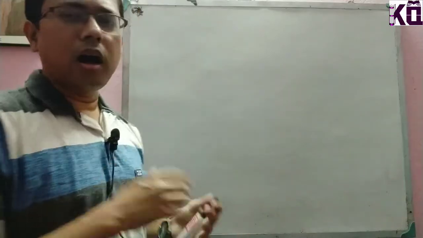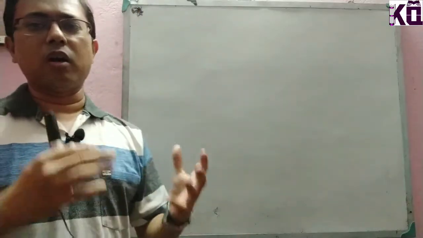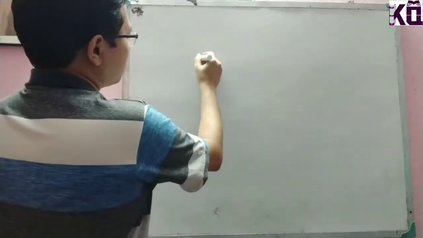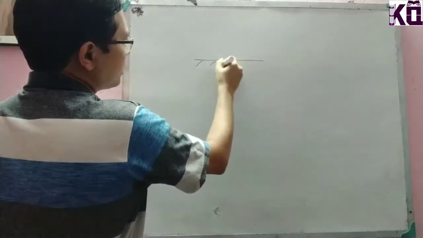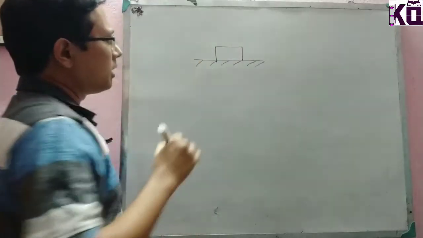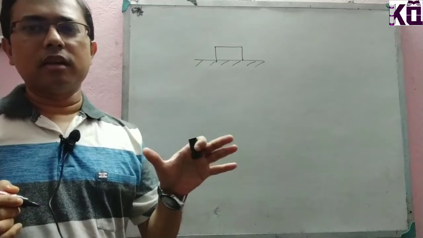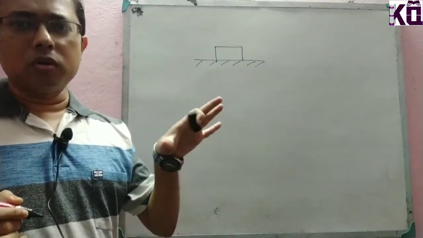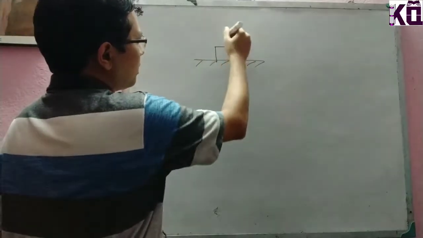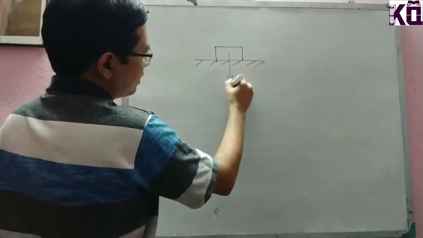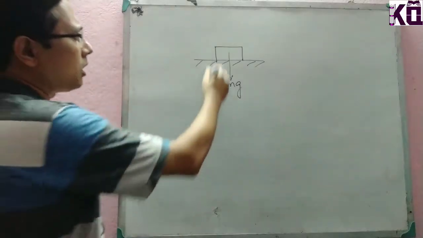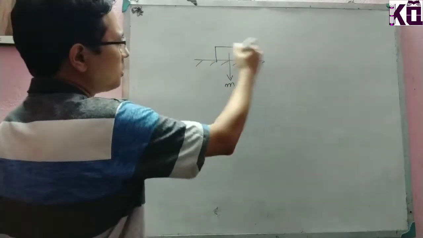Now, how do we identify or make this friction on a particular plane? Say there is one plane, and on that plane there is one member or one object, and here we have the load which is mg, the weight of the body, acting downward on the plane.